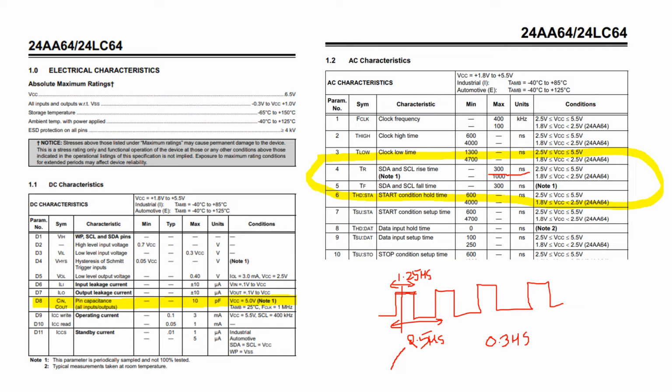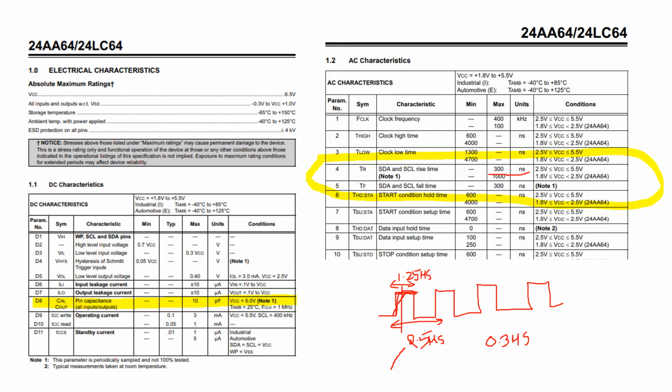That means the signal should be this way, and any signal where the rise time exceeds the given 0.3 microseconds would lead to wrong data interpretation, and hence we say that there is a channel loss. That means the data that is being transmitted from the transmitter is not received at the receiver properly. So this is the major thing from the data sheet which you have to remember.